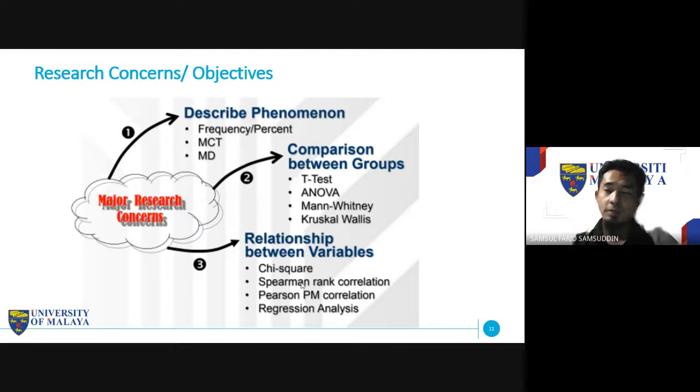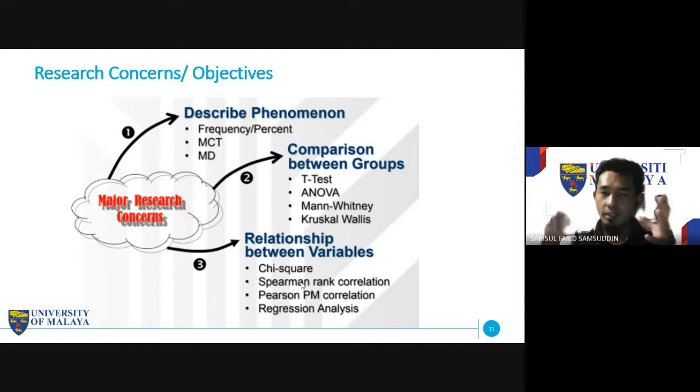If your problem statement clearly does not involve any comparison, why should you use a comparison kind of research design? So it depends on your problem statement, and from the problem statement you have to clarify your research question. All these kinds of research design have to be clear from your research question. It's not simply, oh, I want to know what is the difference, or I just want to know how is the relationship.